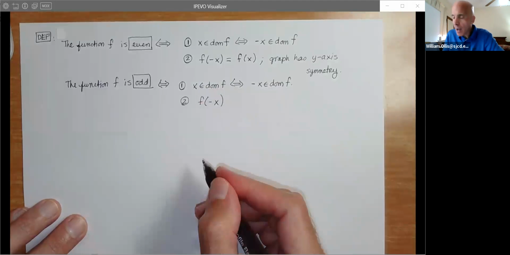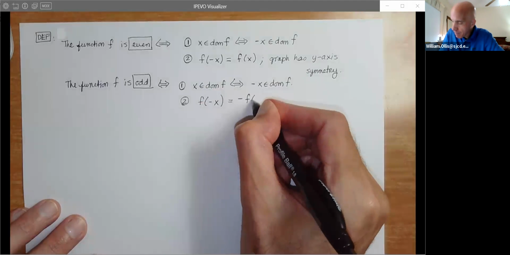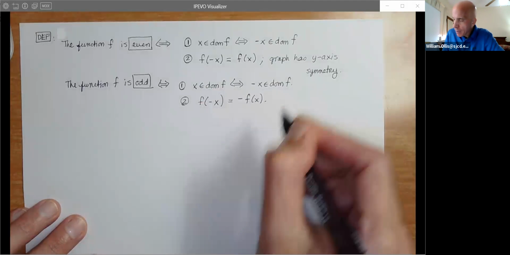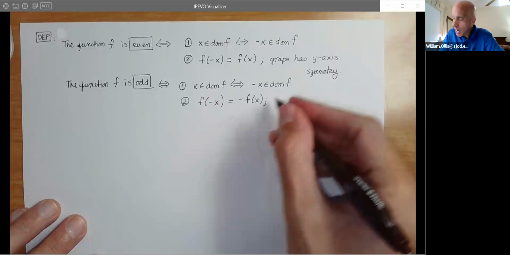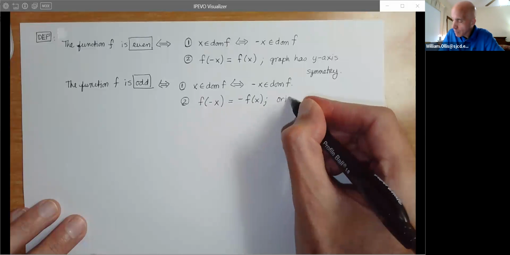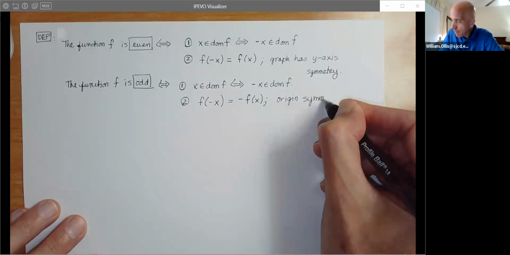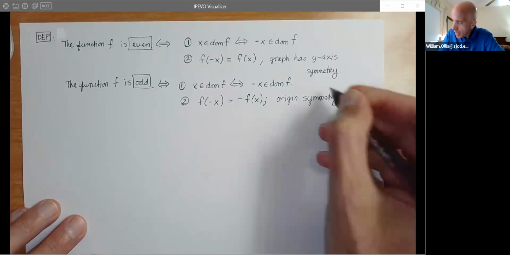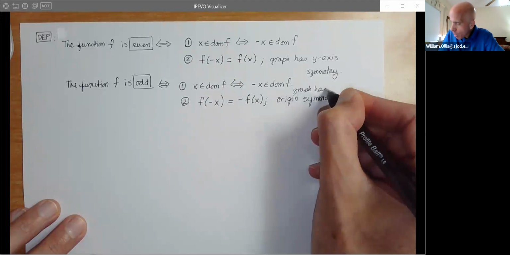Well, if it's odd, the negative actually factors out. So you're thinking, okay, if that happens, then I must have origin symmetry. I'll write it here, the graph has origin symmetry.